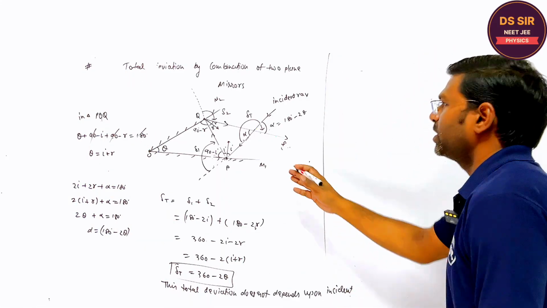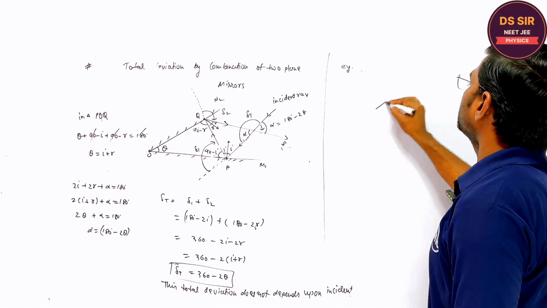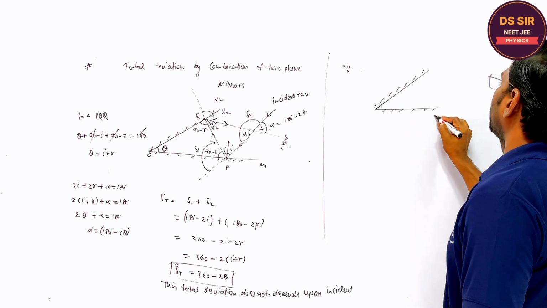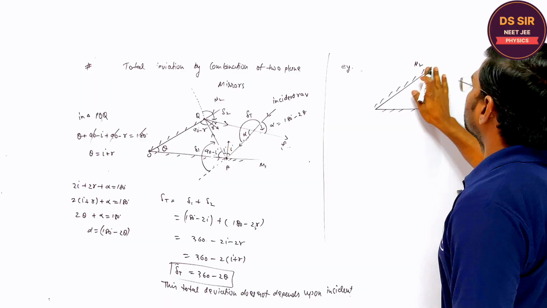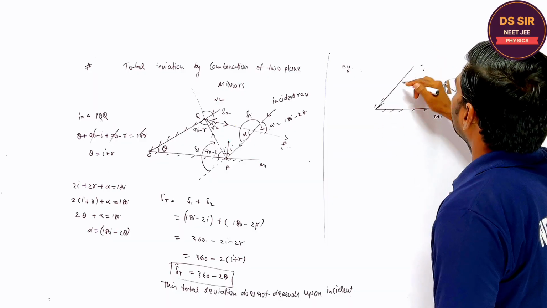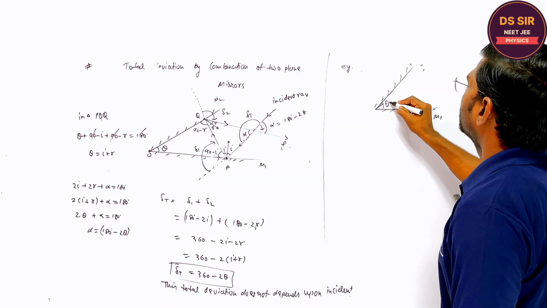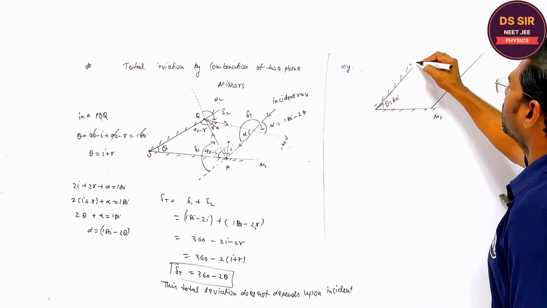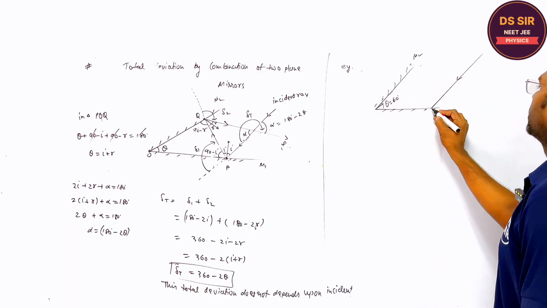So listen, one more thing. For example, if these are the two mirrors, this is M1 and M2, and these two mirrors are placed at 60 degree like this, and one light ray is coming parallel to the mirror M2, like this.